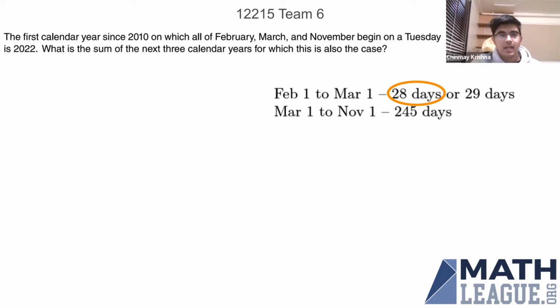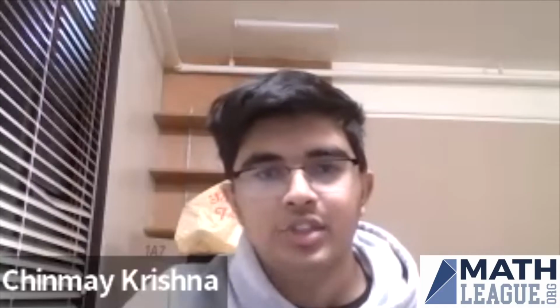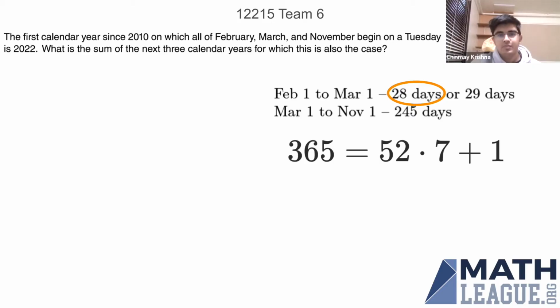So we know that November 1st in 2022 is a Tuesday. Let's look at what day of the week that'll be in each of the years. 365 is 1 more than a multiple of 7. It's 52 times 7 plus 1. And if it's a leap year, it'll be plus 2, so it'll shift 2 days.